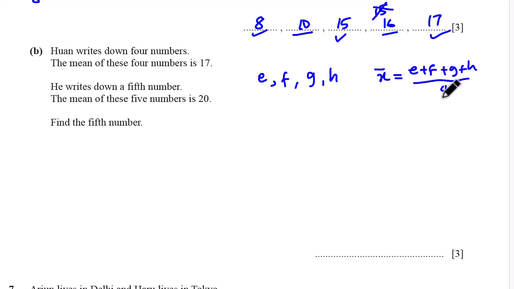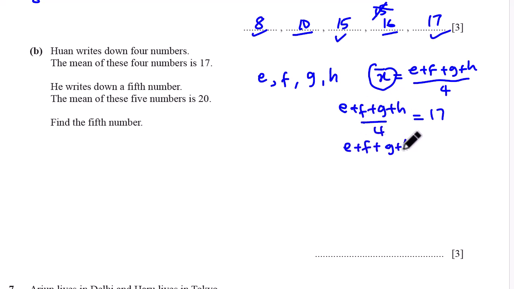But we're told that this mean is 17. So that means that E plus F plus G plus H divided by 4 is 17. Or this sum, E plus F plus G plus H, is equal to 4 times 17, which will give us 68.